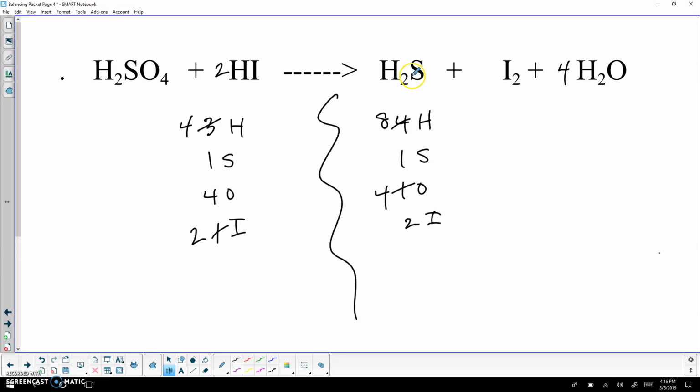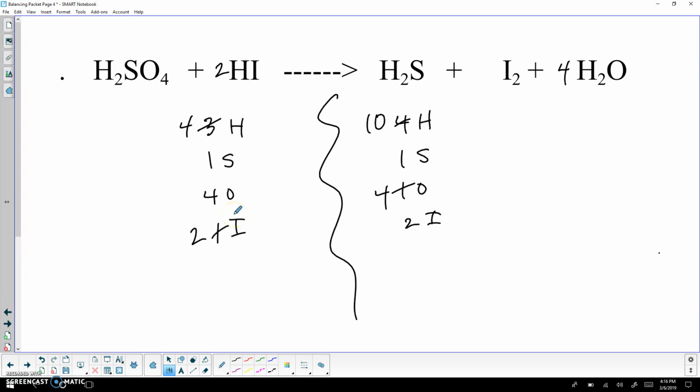All right. Let's see. Oh, we don't have 4 hydrogen. Sorry, because we've got 8. Excuse me. We have 8 here, and then these 2. So this is actually 10. Okay, so that's 10. In looking at this, let's see. More than likely, what I'd probably do, since everything's fixed with the exception of the hydrogen, I'm not going to mess with the hydrogen over here because the sulfur and oxygen are already good.